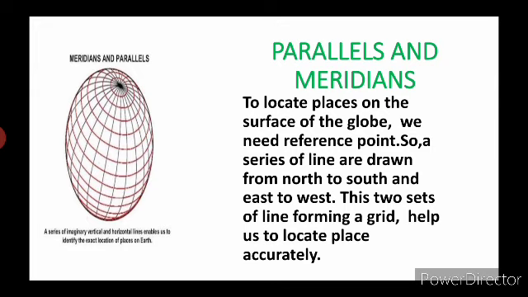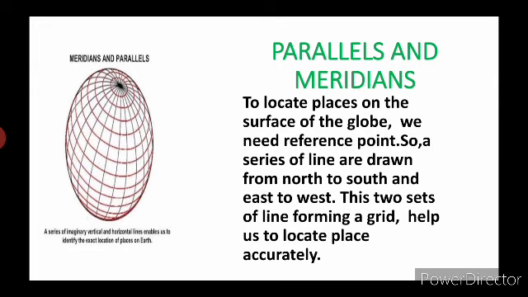See here you can see the globe, and on the globe there are lines. To understand places we need a reference point. So a series of lines are drawn from the north to the south, and some are drawn from east to west.